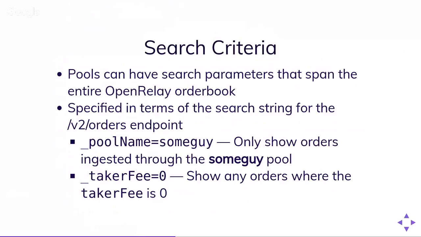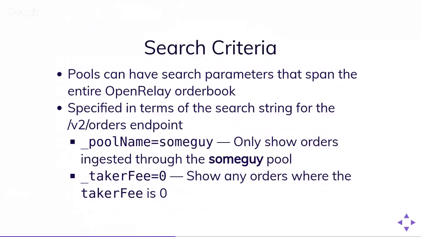So the search criteria are specified in terms of a search string for the v2/orders endpoint. If you're familiar with the standard relayer API, there are a number of search parameters that you can include when you're querying the v2 orders endpoint. Most of those are things like, what is the maker token? What is the taker token? Who is the maker?